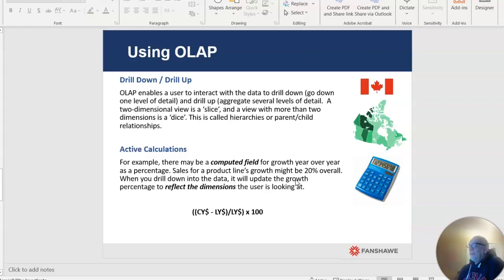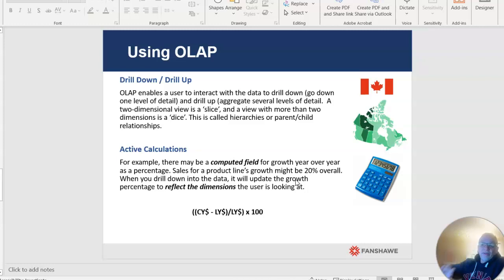It also allows us to create calculated fields on the fly, and we don't need to constantly revise or recreate calculated fields. Once we calculate the field or create the equation that does the calculation, it can drill up or drill down.